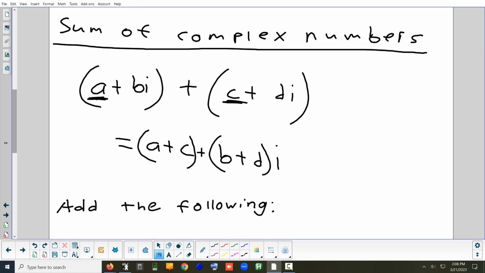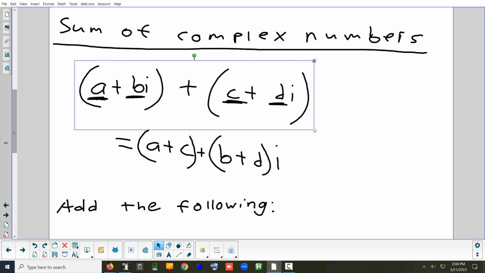That's how you do it. A and C get added together, and then B is imaginary, D is imaginary. Those get added together. And make sure you put an i next to the B plus D, so that way we remember that was the imaginary part. So real numbers can be combined with real numbers, and imaginaries get combined with imaginaries.